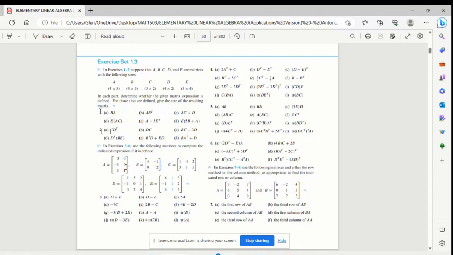The first row of matrix D is 1, 5, 2. Do we agree? Now, in D transpose, that 1, 5, 2 is going to be our first column. The second row, minus 1, 0, and 1, is going to be our second column in the transpose. The third row, which is 3, 2, 4, is going to be the third column in D transpose.